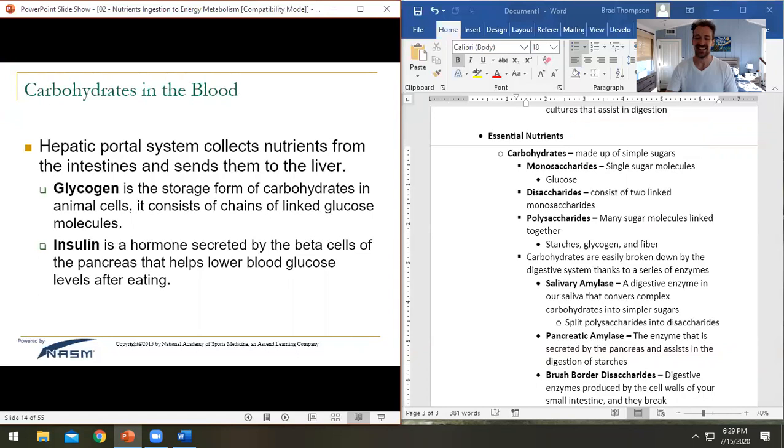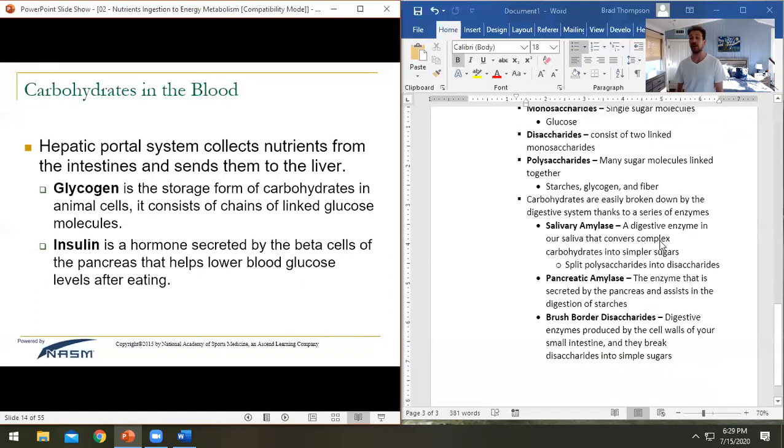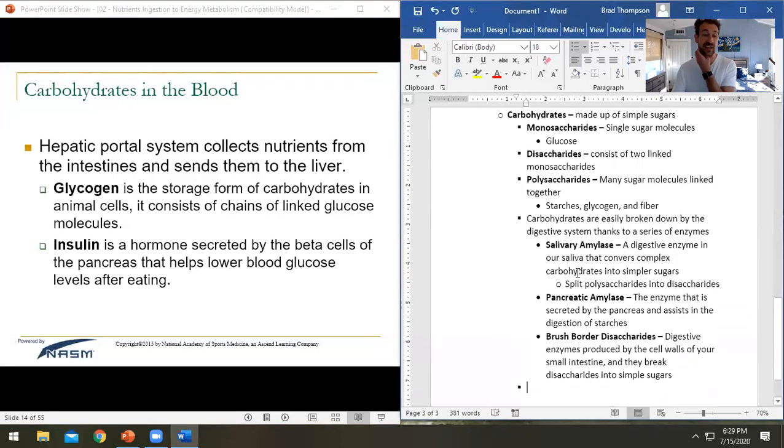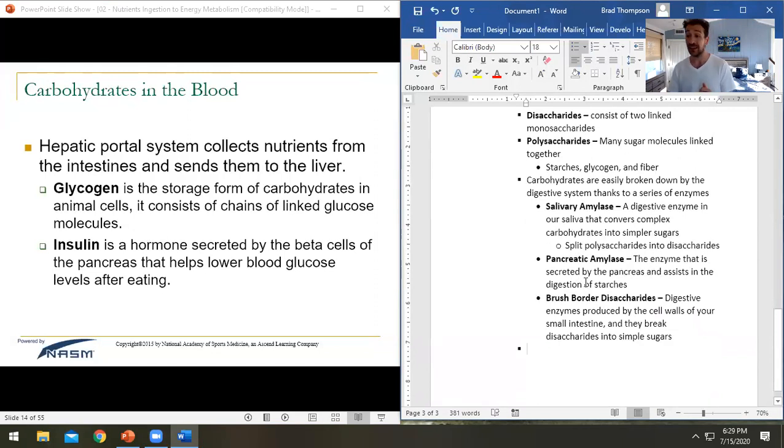All right, so your hepatic portal system is going to bring everything in. Now, once materials are brought into your body, like I said, they're going to go straight through your liver, and your liver is going to store some of those carbohydrates. All other nutrients will pass through the liver once they are absorbed.